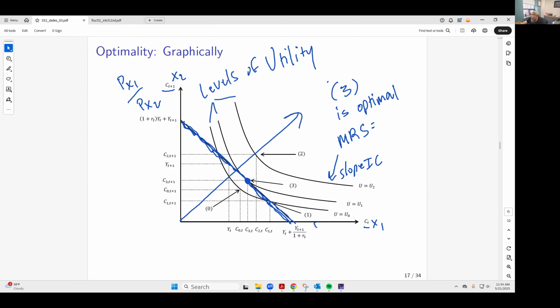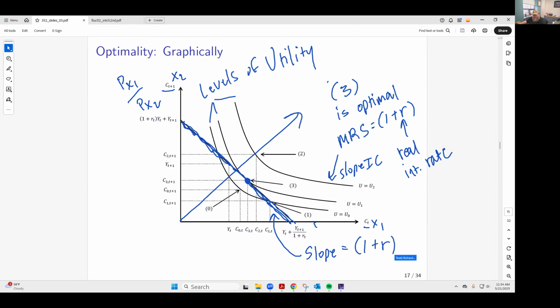So this budget constraint doesn't have the typical price ratio slope, but what it does have is a slope equal to 1 plus r, where r is the real interest rate. So the slope of this budget constraint is again equal to 1 plus r.